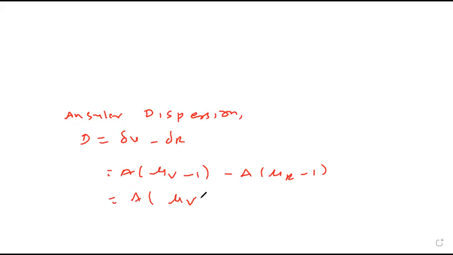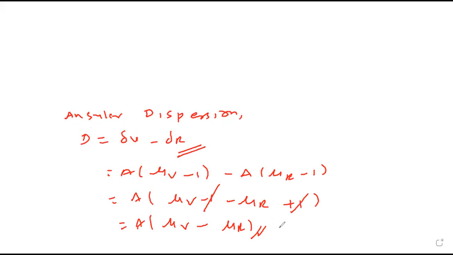A into (mu V minus 1 minus mu R plus 1). Minus 1 plus 1 cancel. A into (mu V minus mu R). So we can have the angular dispersion formula as the difference of deltas, or A into (mu V minus mu R). So write down the second formula.